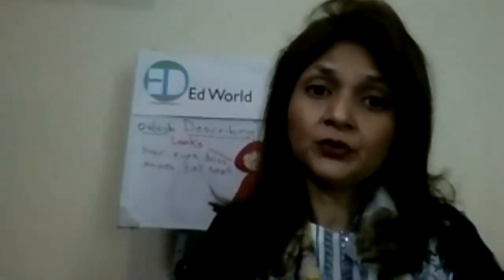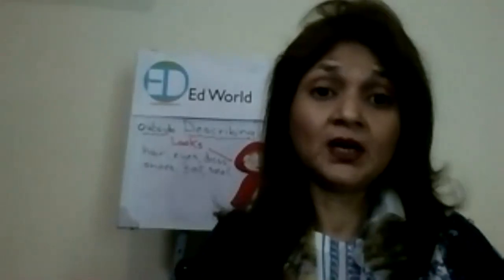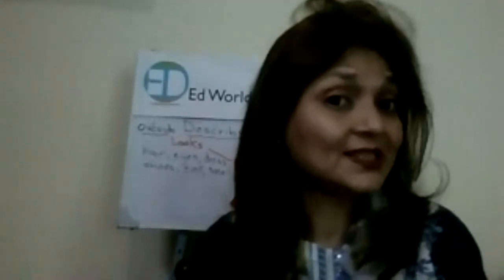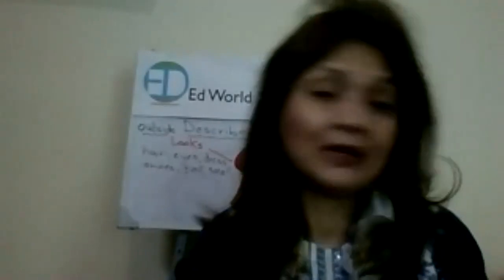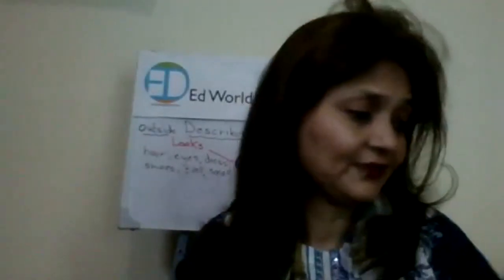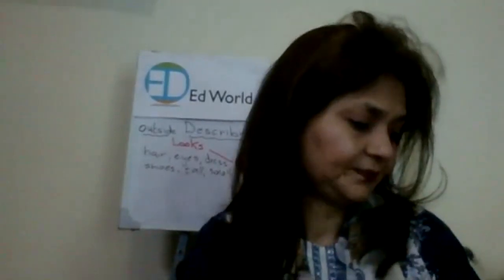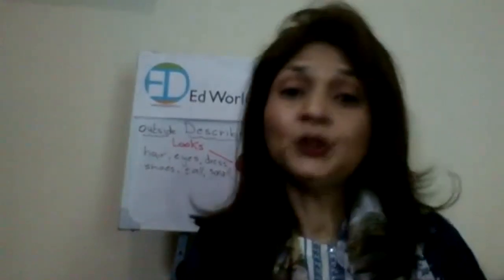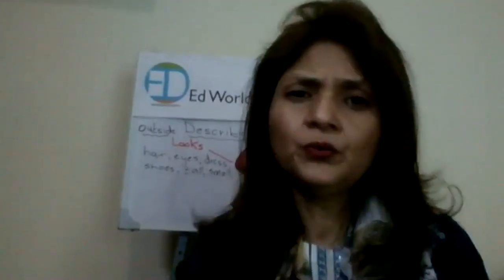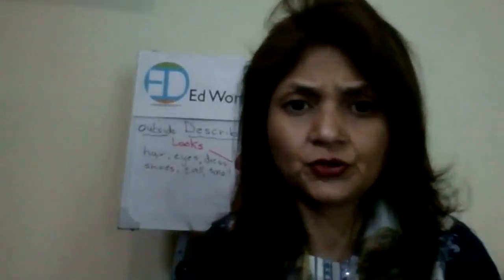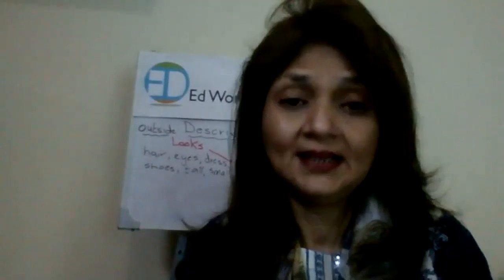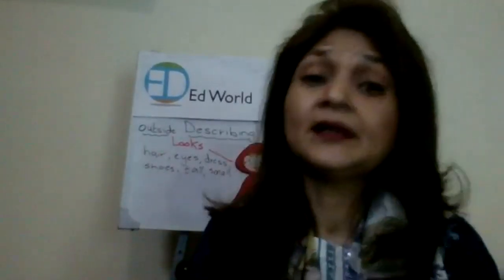Yes, class? Now, in the same way, we are going to describe the character from our story. And what is the story about? It is about a red hat, an old red hat. Which is the main character in this story? Ada. Ada is the main character.